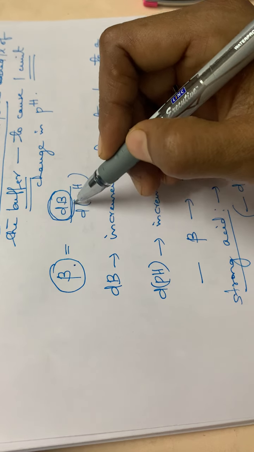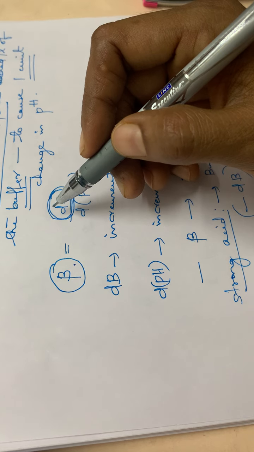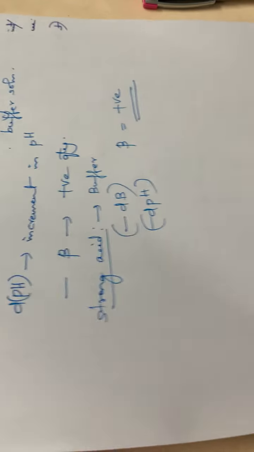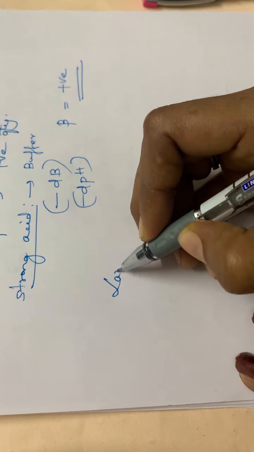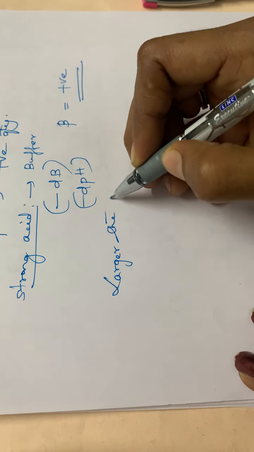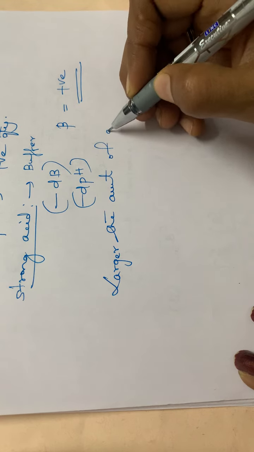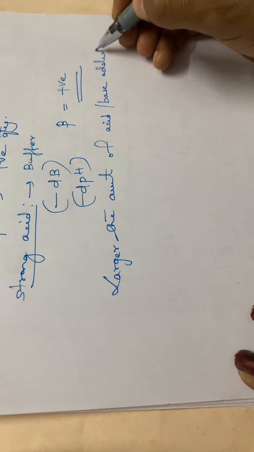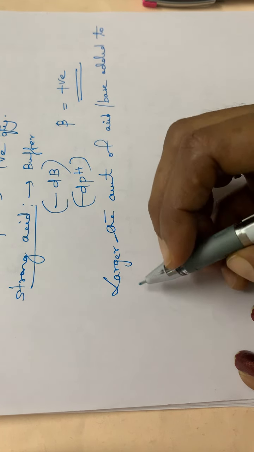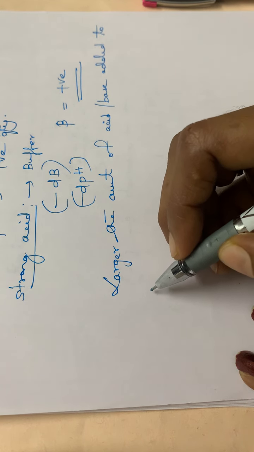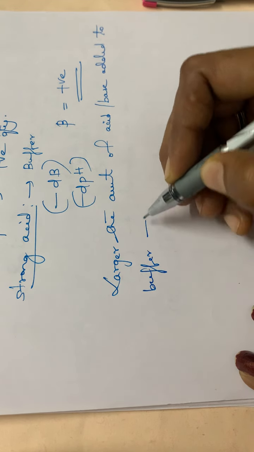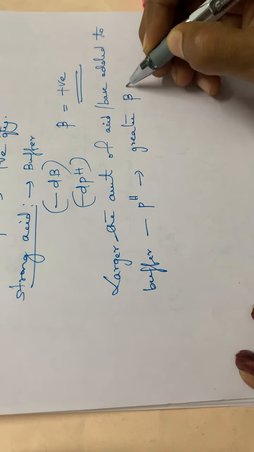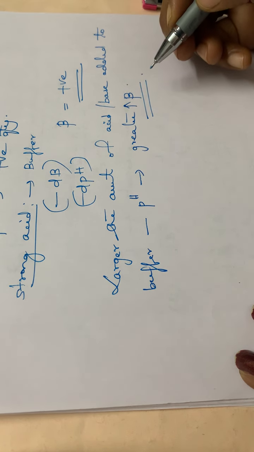Larger the amount of acid or base added to a buffer solution to produce a change in pH, greater will be the buffer index, greater will be the beta value.